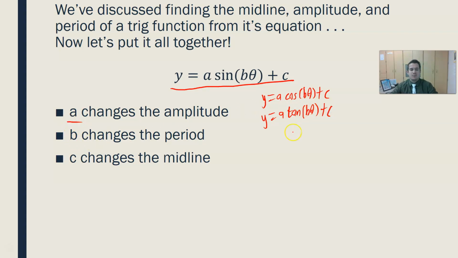A changes the amplitude, so this number in front changes the amplitude. B changes the period, so this number b is going to affect the period, or how often the graph repeats itself. And c changes the midline, or how much up and down it's going to move.